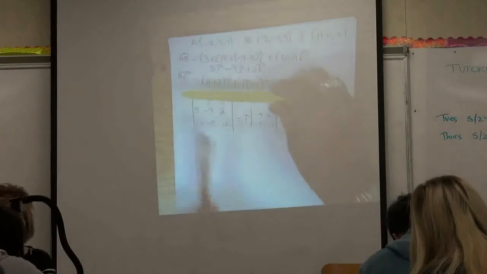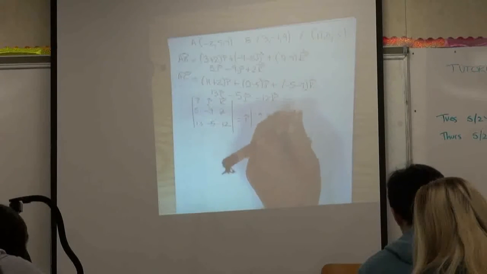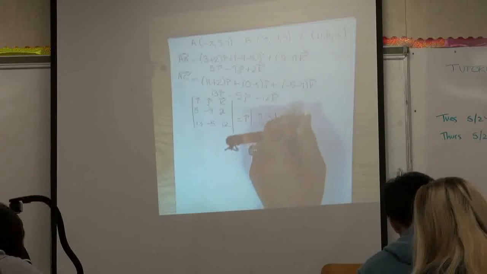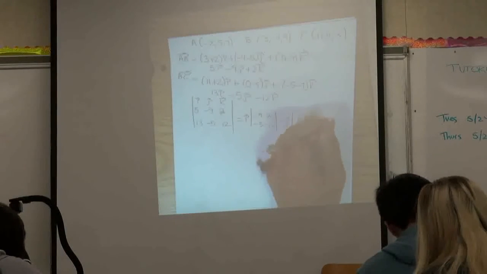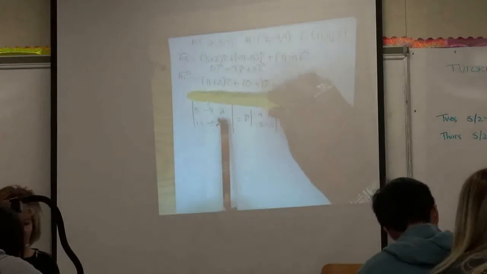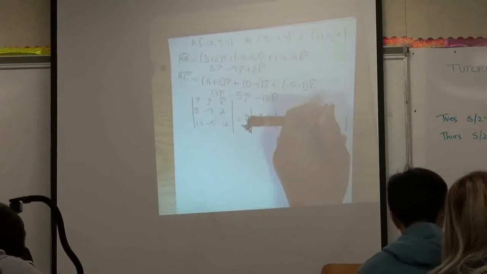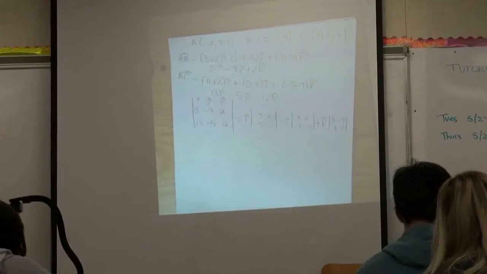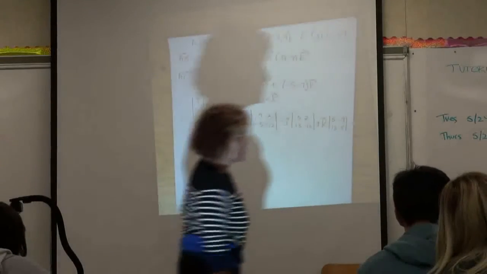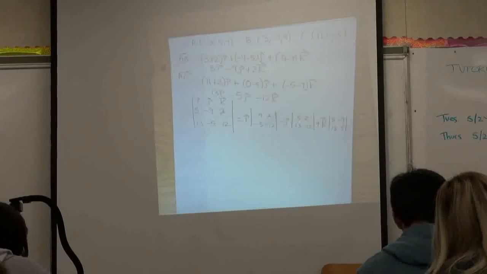And then you cross out the row and the column containing the j, and you have 5, 2, 13, negative 12. And then what sign? Plus k. You cross out the row and the column containing the k, and you're left with 5, negative 9, 13, negative 5.